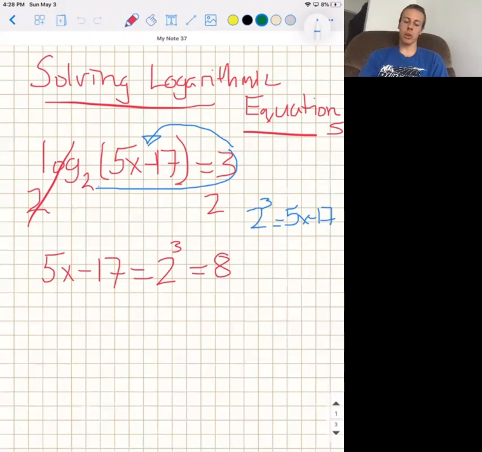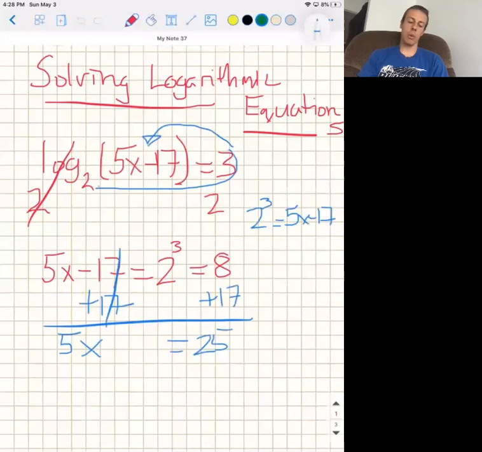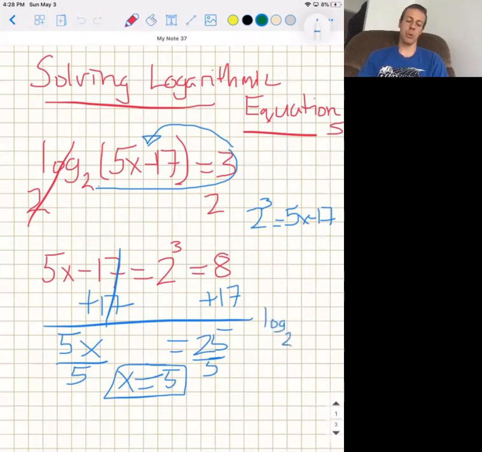From there, let's solve, because our ultimate goal is to get x by itself. I'm going to add 17 to both sides and get 5x equals 25, or x equals 5. We could plug x equals 5 back in and check. Does log base 2 of 5 times 5 minus 17 equal 3?